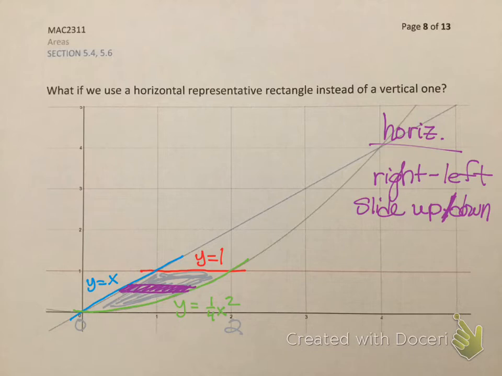Does the purple representative rectangle stay on the green curve as you slide from 0 to 1? Does the left end of the purple representative rectangle stay on the blue curve as you slide from 0 to 1, up and down? The answer to both of those questions is yes.